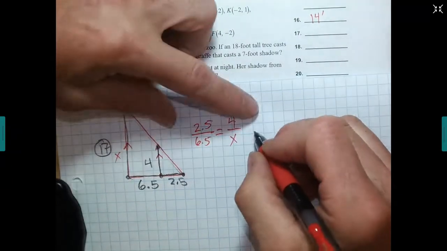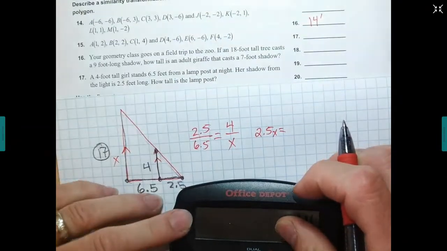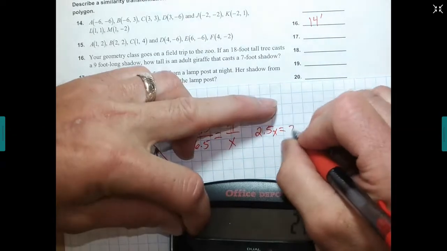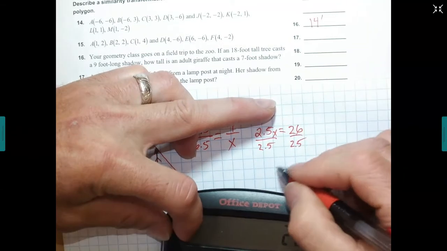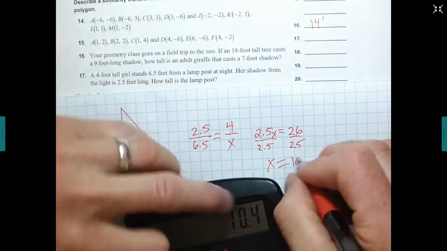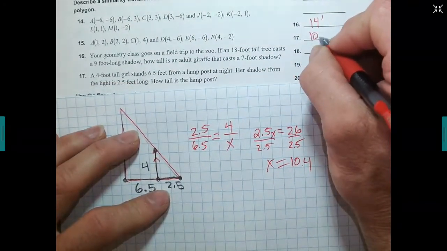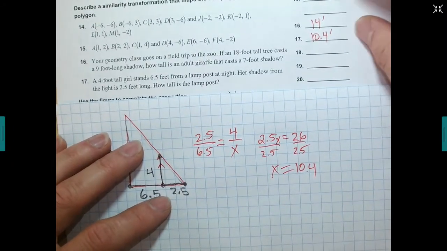So we have 2.5x equals 4 times 6.5. Divided by 2.5, I get x equals 10.4. Just like that.